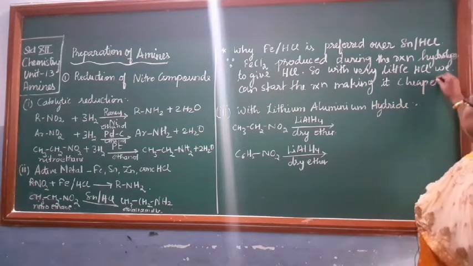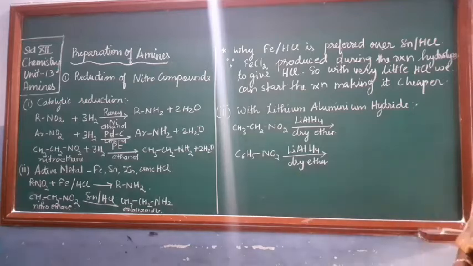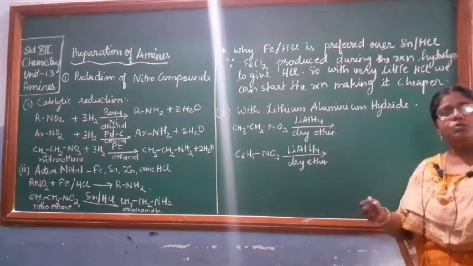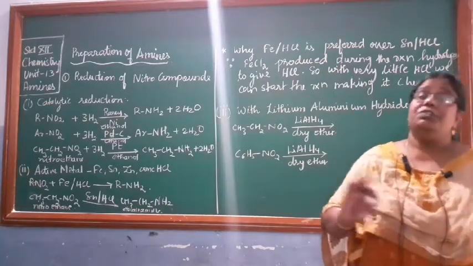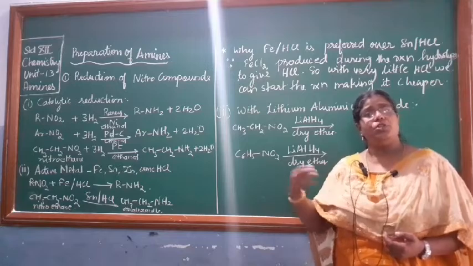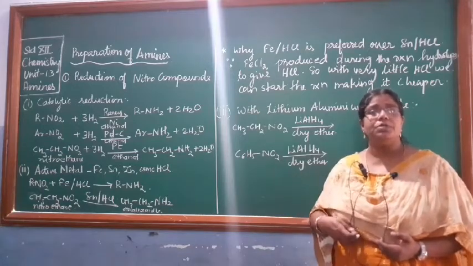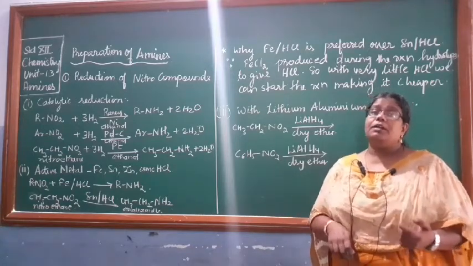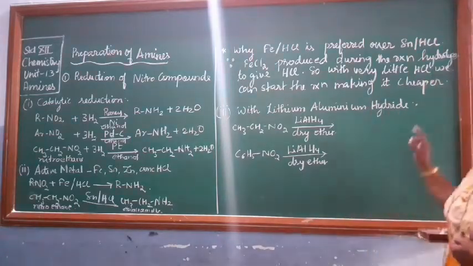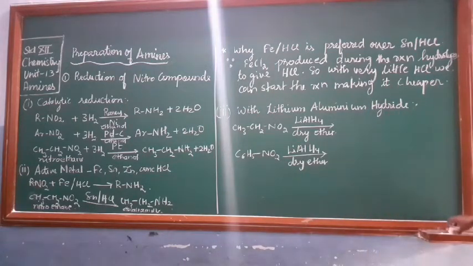The cost of HCl is being eliminated, because during the reaction whatever FeCl2 is formed, its hydrolysis gives you the HCl. So in the reaction mixture HCl is being continuously produced, so that we can start the reaction with very little amount of HCl. So it makes the reaction cheap.